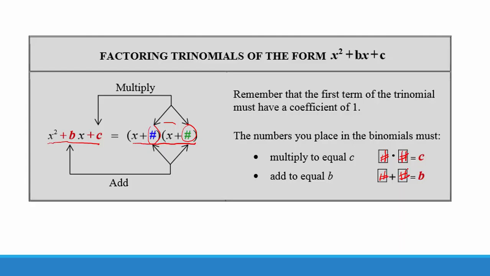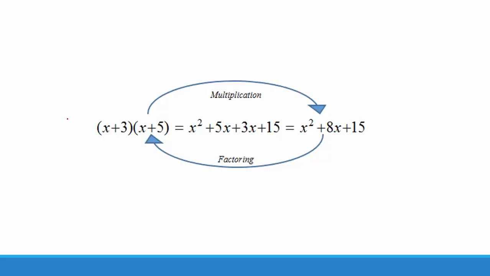So we need to find those two numbers that multiply to get c, which is the constant term, but add to give us b, which is the coefficient on x. So that is our number riddle that we will need to solve for each of these problems.